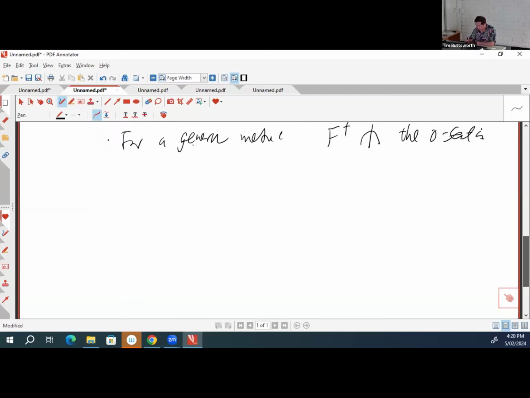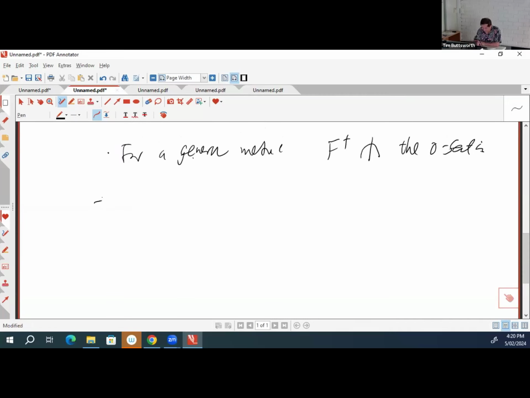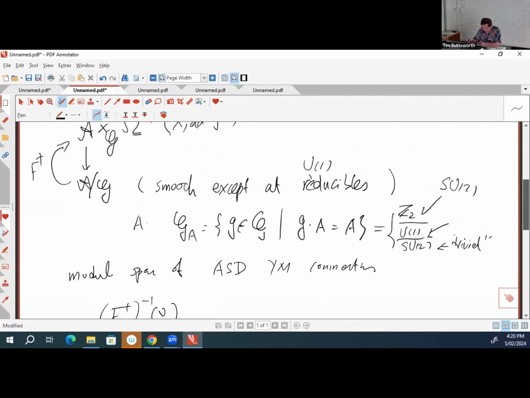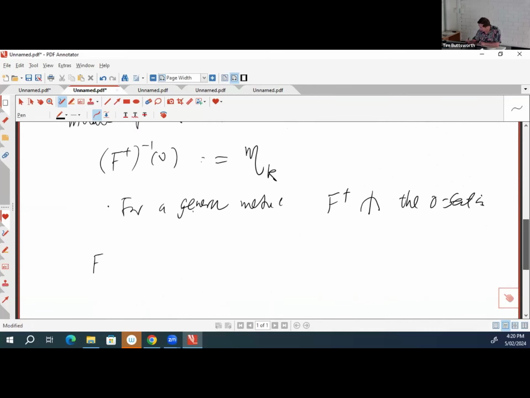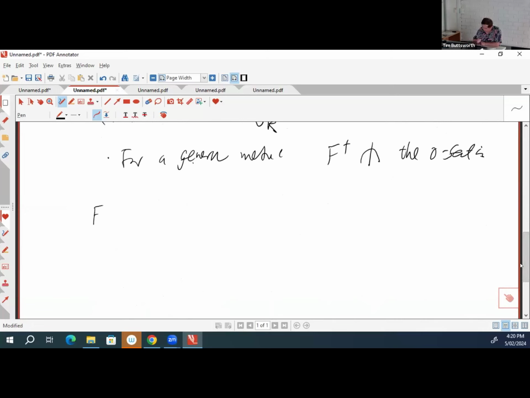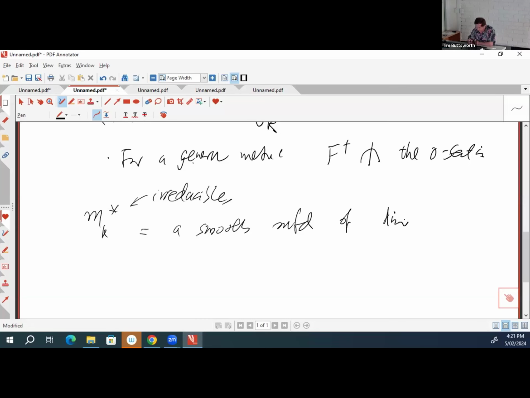And if we know a little differential topology, if that is the case, at least for the moduli space, which I denote with M, with k the second Chern number, the irreducible part will be a smooth manifold by the infinite-dimensional implicit function theorem, with dimension given by the Atiyah-Singer index.